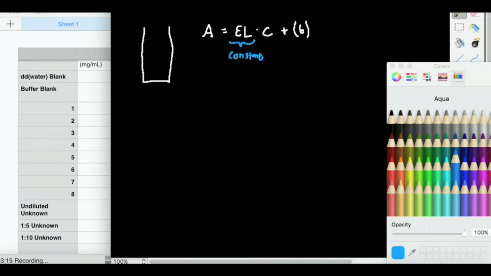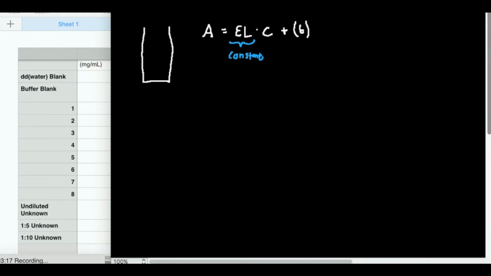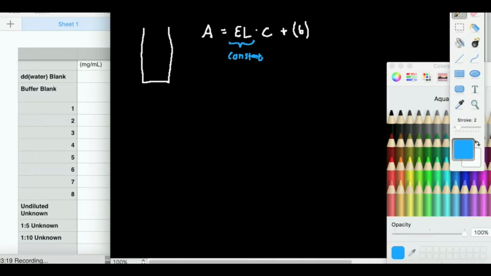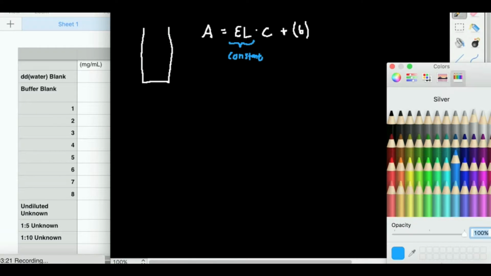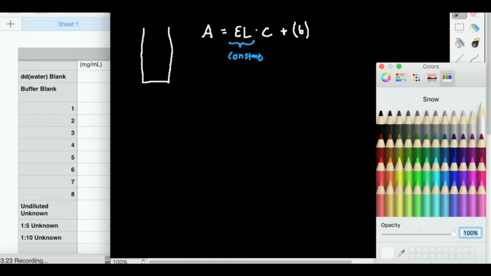Whenever you generate a curve in Excel or Numbers, you always generate it in the form y is equal to mx plus b. Well, you have Beer's law. It says A is equal to epsilon L C plus b.